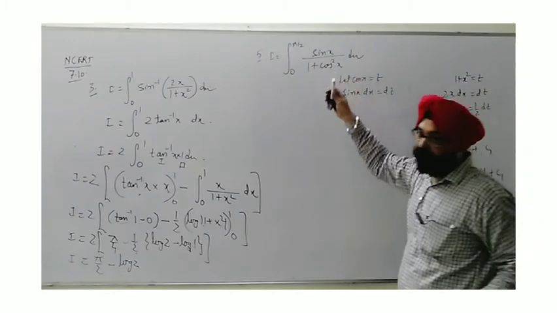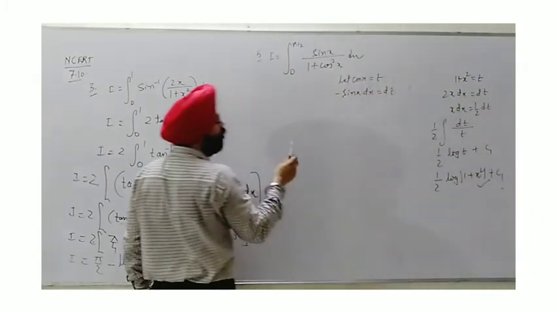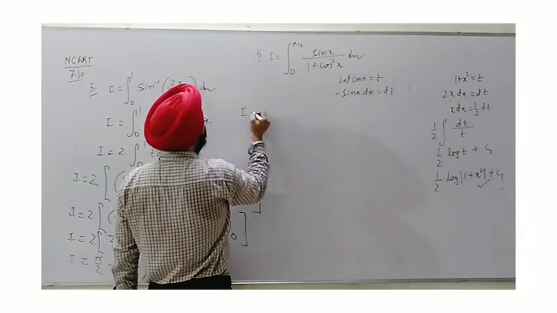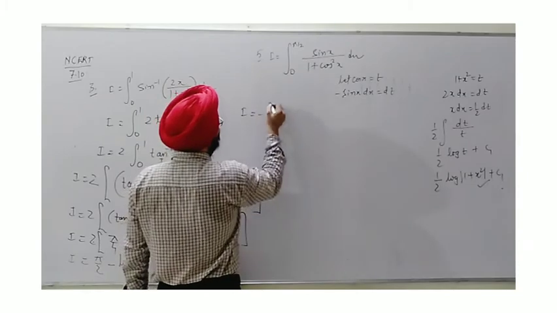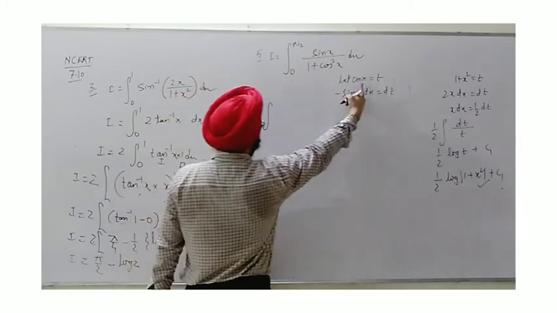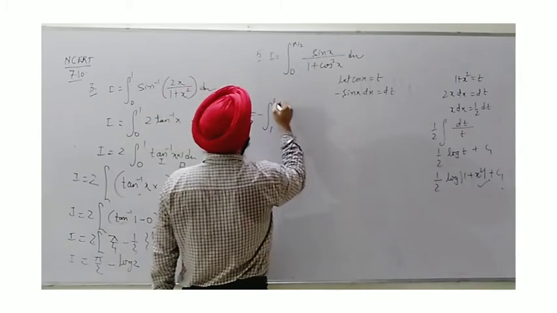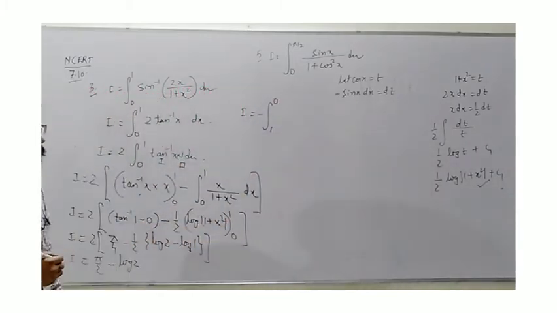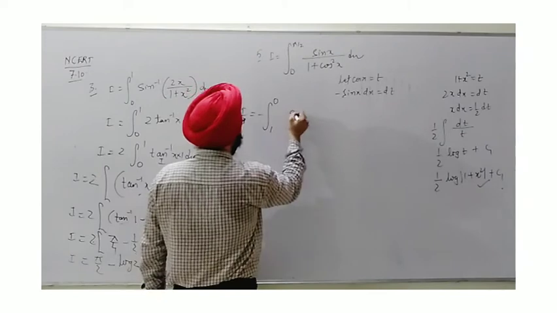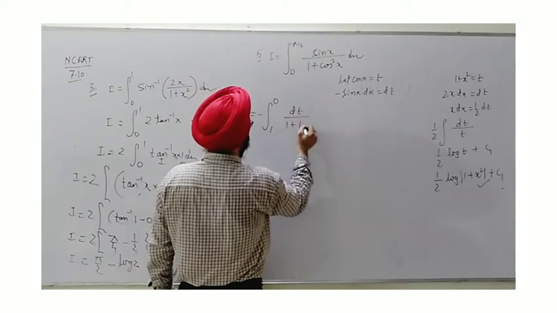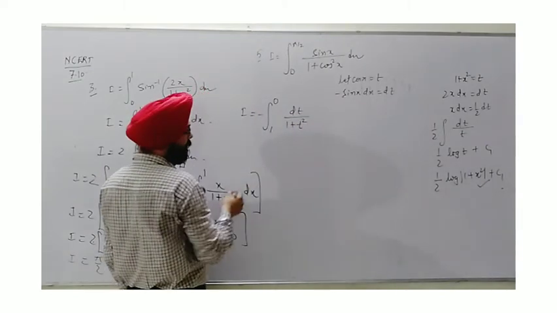Here we get sin x dx as dt, but parallelly look for the limits also. If I take cos of 0, t becomes 1. If I take pi by 2, it becomes 0. Sin x dx is dt, and the integrand becomes dt upon 1 plus t square. This is again a direct integral.